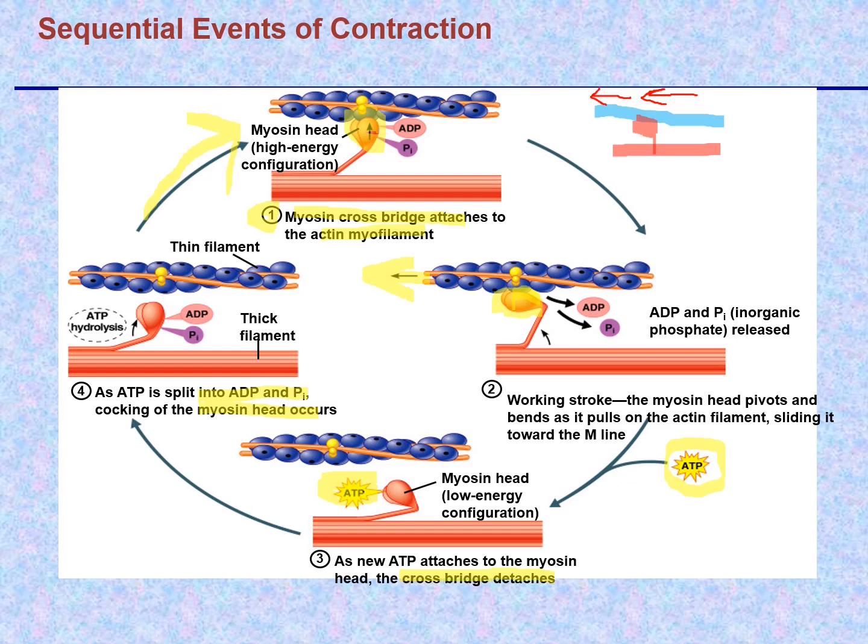So the two are sliding past each other and causing a shortening or contraction of the sarcomere. And then when ATP again comes in and binds to the myosin head, then it can release. And the head goes back to a position where it's ready to attach again, given the right signal.